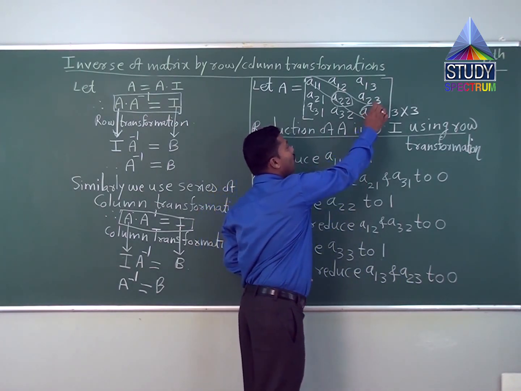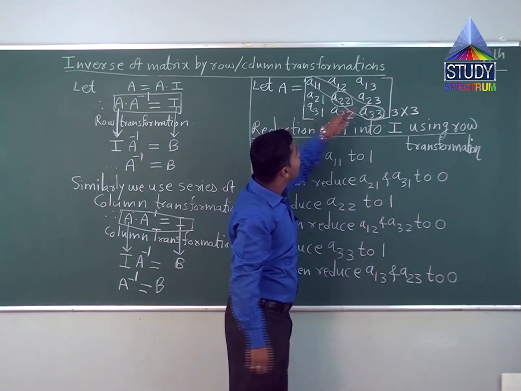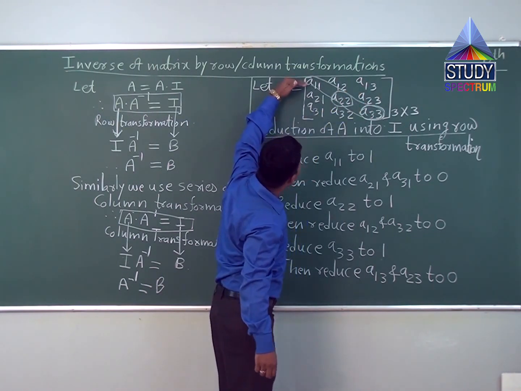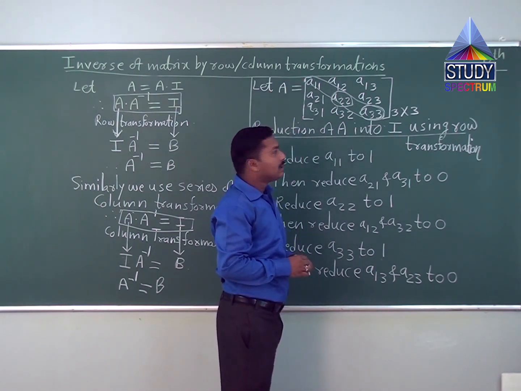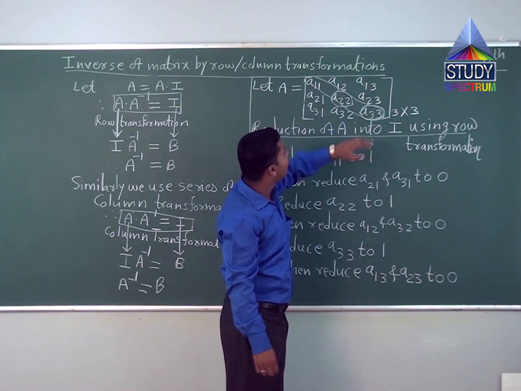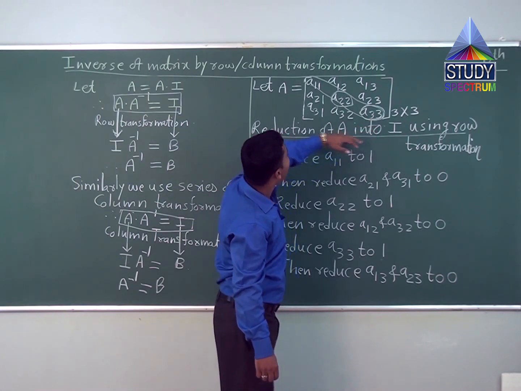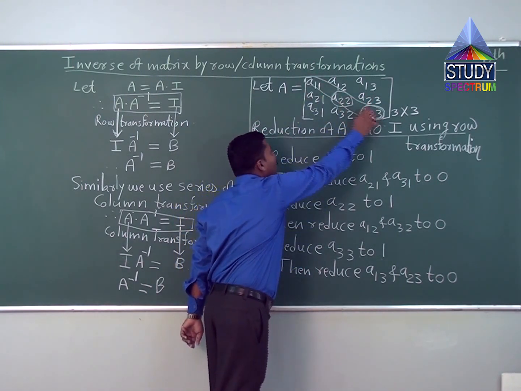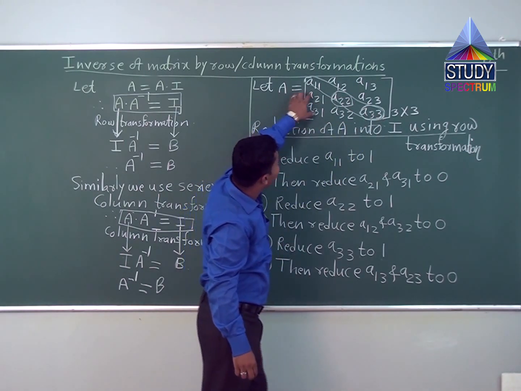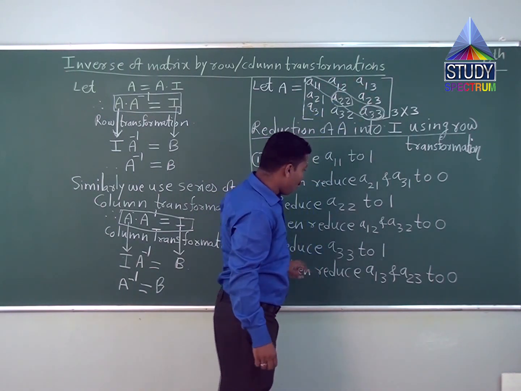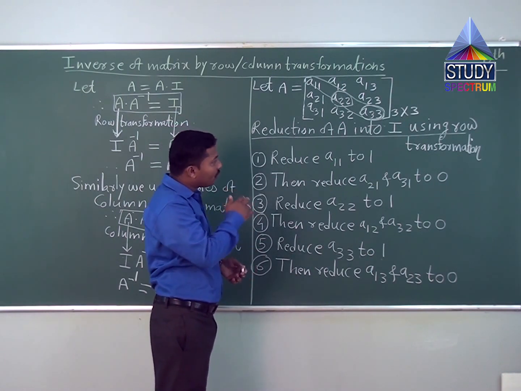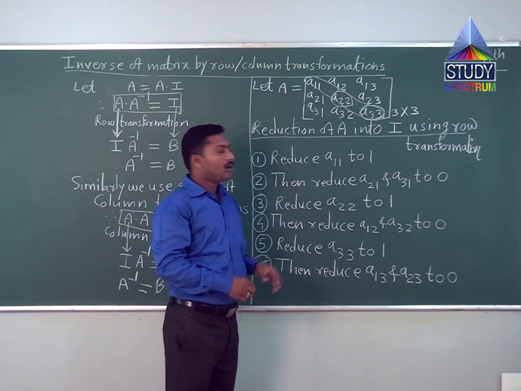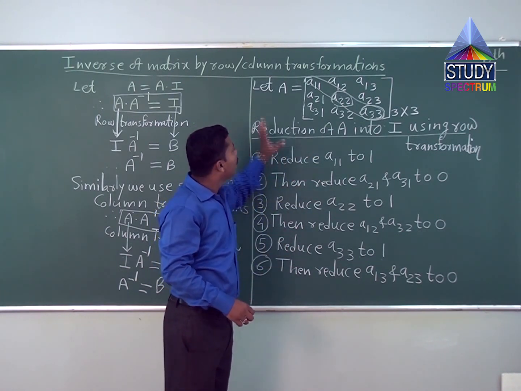Similarly इस 1 का यूज करके ये नंबर, इस नंबर को मल्टीप्लाई कीजिए और ये रो माइनस फर्स्ट रो माइनस थर्ड रो कीजिए, आपको यहां 0 मिलेगा। सिमिलरली इस नंबर से यहां 1 को मल्टीप्लाई कीजिए और सेकंड रो माइनस थर्ड रो कीजिए, आपको यहां नंबर 0 मिलेगा। और इसी के साथ आपको सब डायगोनल नंबर्स 1 मिल जाएंगे। ये सब रिमेनिंग 2 नंबर्स आपको 0 मिल जाएंगे। इसका मतलब हो गया all diagonal numbers are 1 and remaining numbers are 0, means identity matrix.